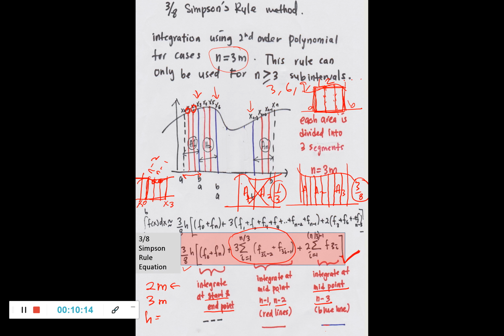Kalau dia bagi you step size, so you boleh tahu nilai n dia by calculating the b minus a divide by h. Tapi kalau dia bagi you segmen, katalah dia kata if by using subdivision of 10, so do the approximation using the appropriate Simpson rule formula.